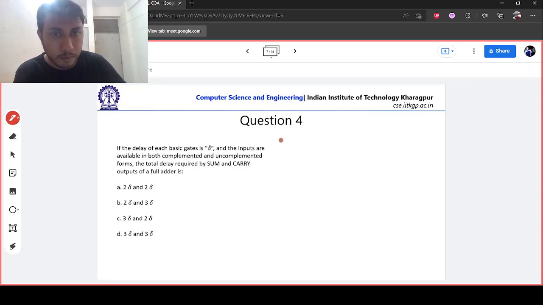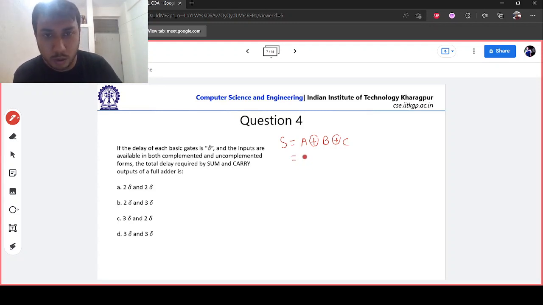What is the sum? Sum equals A XOR B XOR C. It is easy if you can remember it.